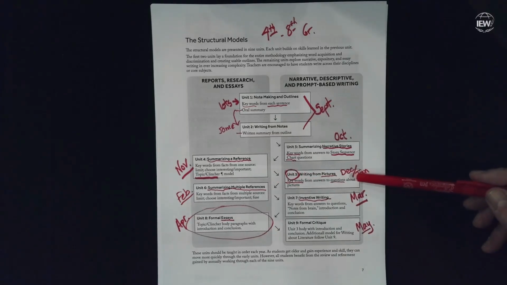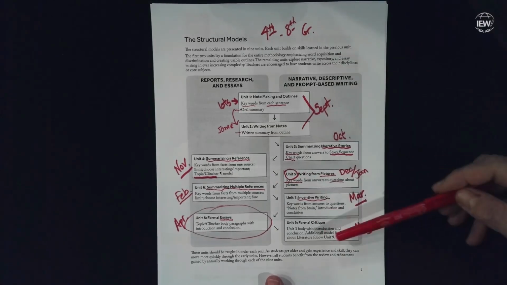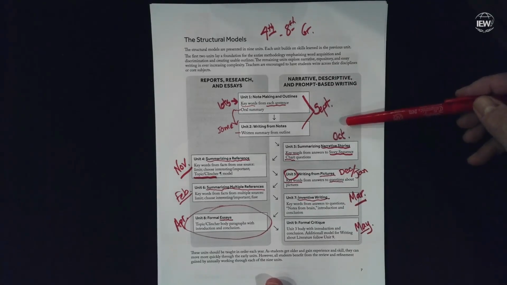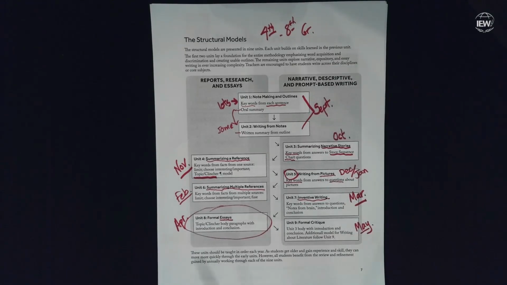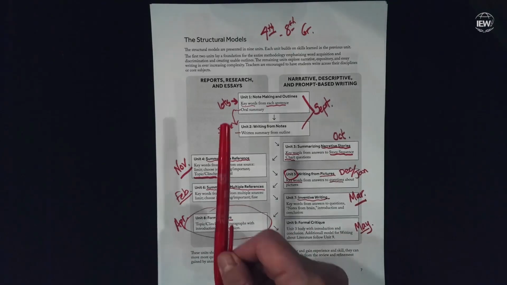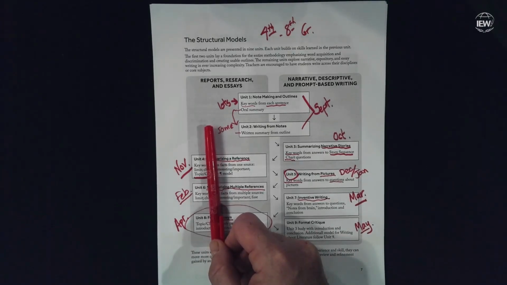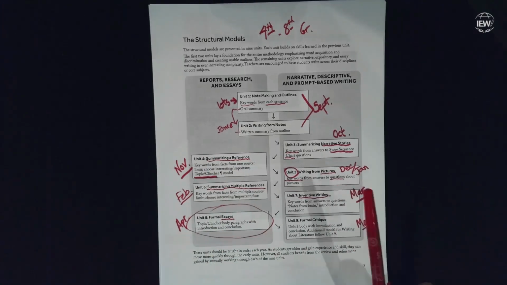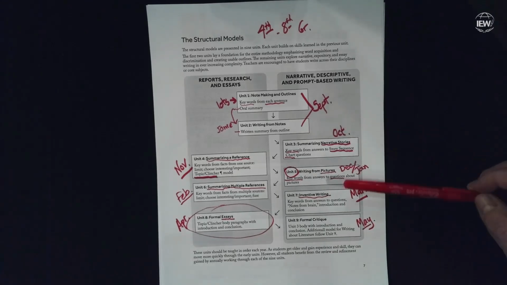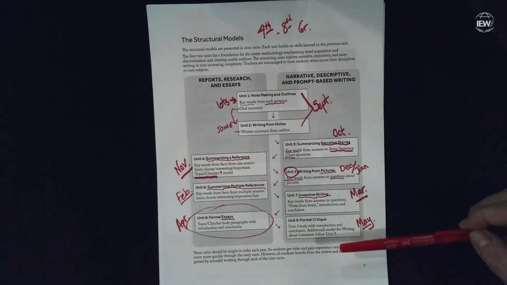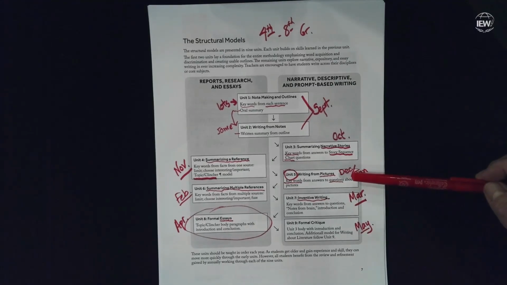And in Unit 5, we're now back on the kind of creative side, the narrative descriptive writing. And the real big difference between these two sides is that on this side, the information is coming from an external source. And over here, the information is now starting to come from an internal source. So with writing from pictures, there's no source text per se, but you're not completely alone.